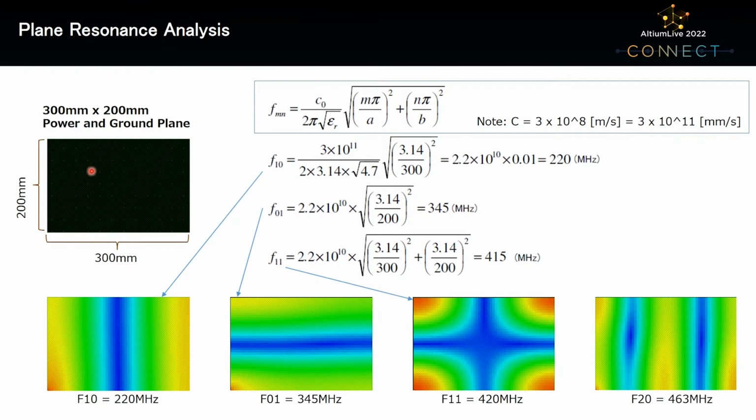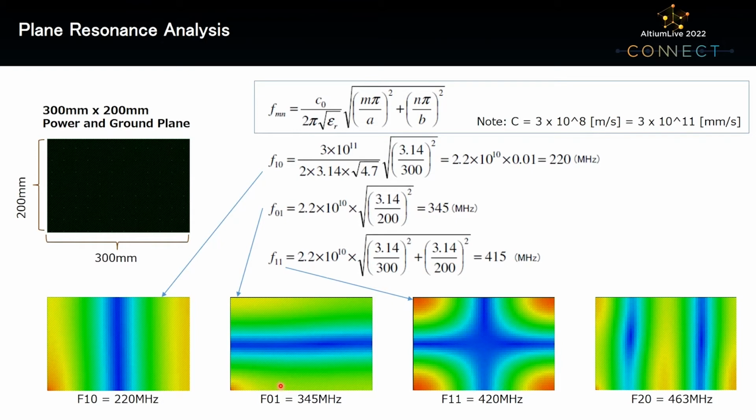In 1-0 mode, resonance frequency is 220 megahertz. It is antinode, node, antinode in the horizontal direction of the board. In 0-1 mode, the resonance frequency is 345 megahertz.